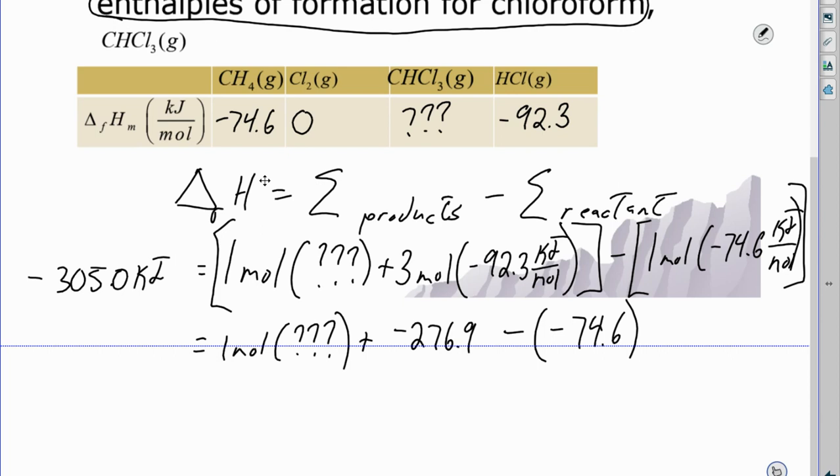Okay. So I did drop the brackets. I can gather these together. So negative 276.9 minus a negative 74.6.